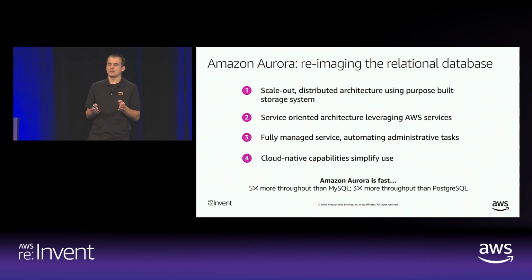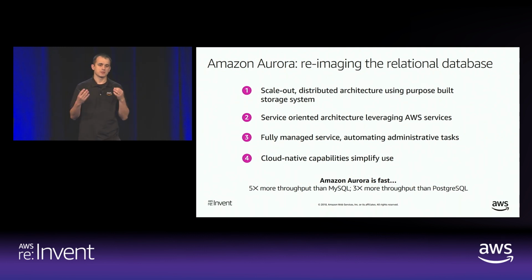Amazon Aurora has a scale-out distributed storage architecture with purpose-built storage services that are designed to handle database-type workloads and database-type interactions. And it's a service-oriented architecture leveraging AWS services. It's built on top of the same core AWS services that we provide to our customers as well.